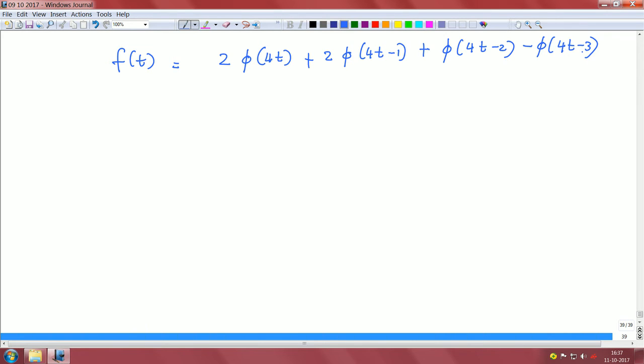Directly, if you observe the waveform, you can express it using this relationship.